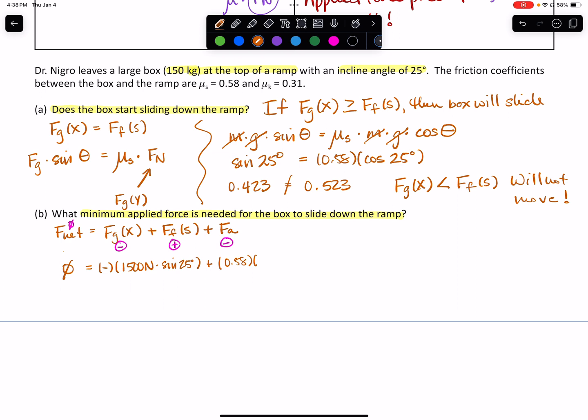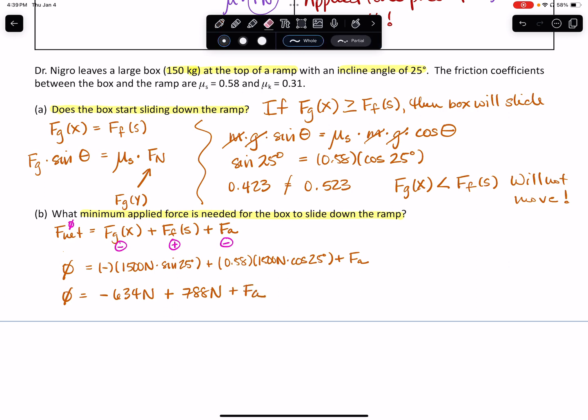So 1,500 newtons times, not the sine, sorry, the cosine of my angle, plus an unknown applied force. We don't necessarily need to put a negative in there, the math is going to do it for us, so just to avoid confusion, we'll keep it out. Let's calculate. I get negative 634 newtons for the gravitational piece, 788 newtons for my frictional piece, and then my unknown applied force.